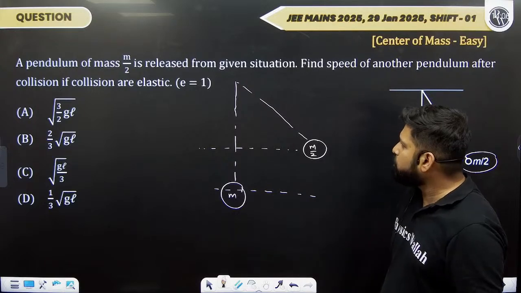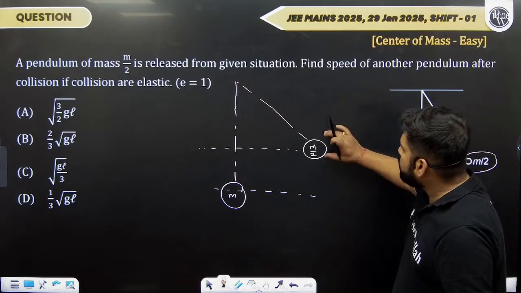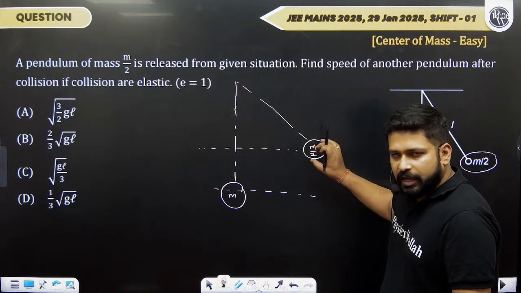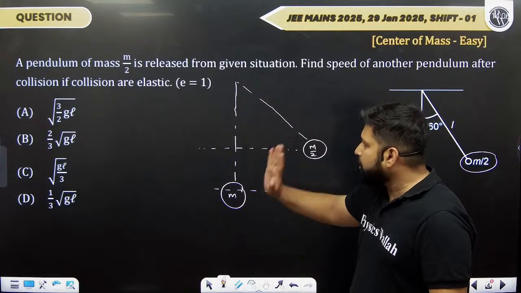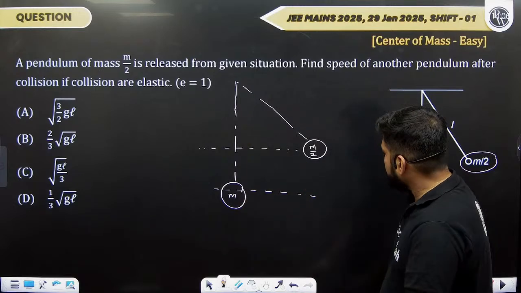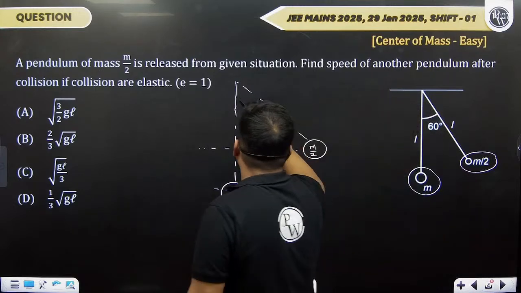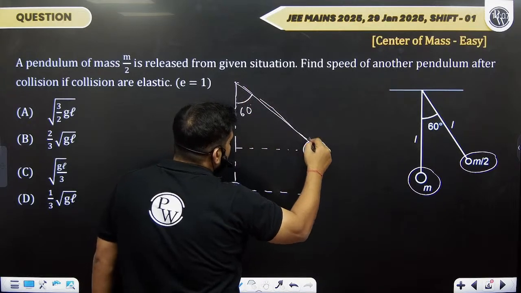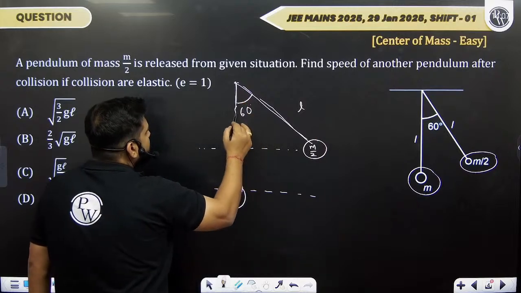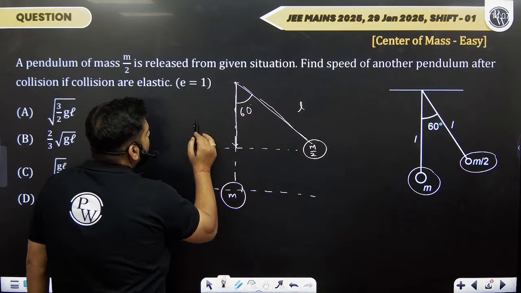We are going to do this question in two phases. First, we'll see the motion of this mass m/2 from here up to here, and then we will apply the concept of collision. If this angle is 60, as given, and this length is L, then this length will be equal to L cos 60.